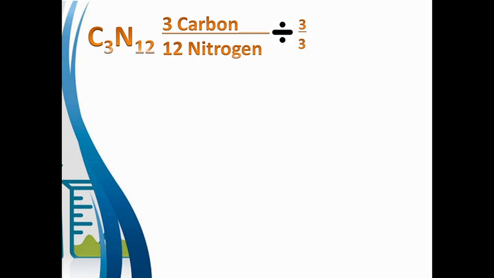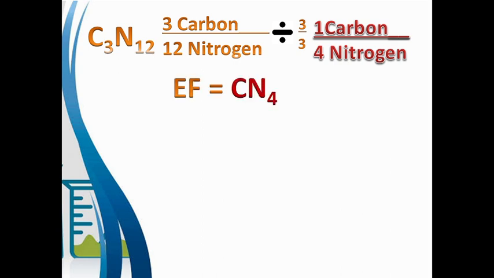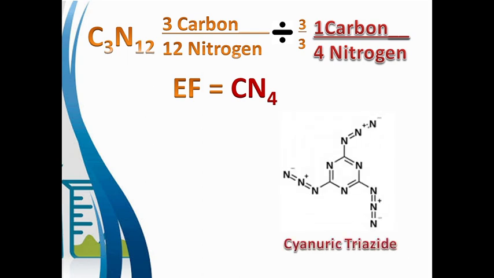So 3 divided by 3 is equal to 1 carbon, and 12 divided by 3 is equal to 4. So our simplest or most reduced formula for the empirical formula is CN4, for cyanuric triazide.